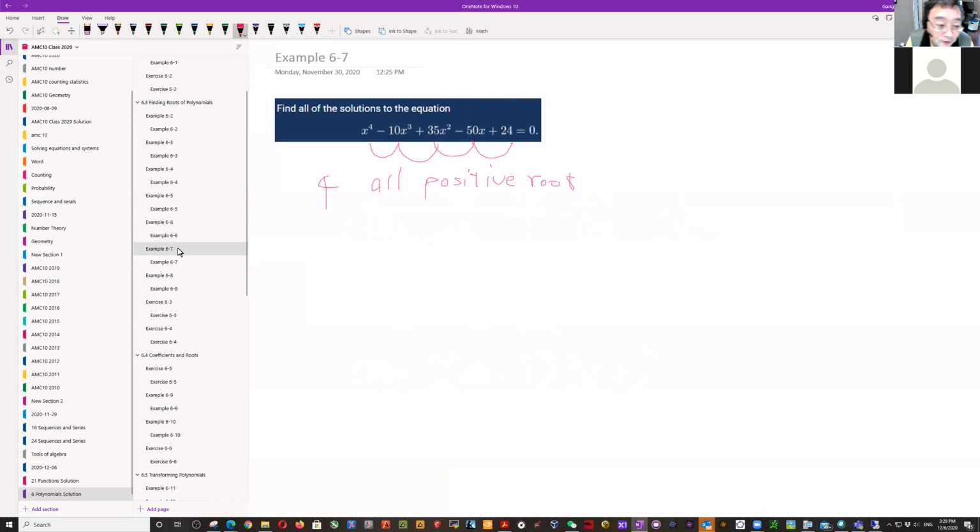How to find the negative roots? It's just f of negative x, which equals negative x to the 4th minus 10 times negative x cubed plus 35 times negative x squared minus 50 times negative x plus 24.